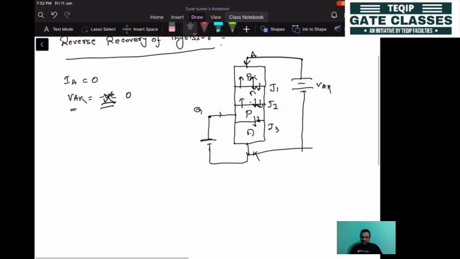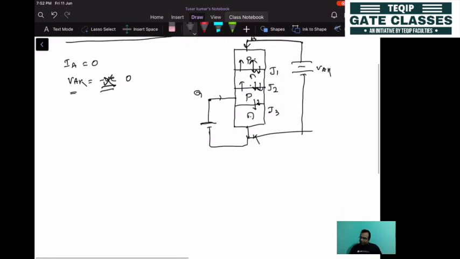That's why if you draw these characteristics, it is called the reverse recovery characteristics. Let's say we'll be plotting the anode current with respect to time. Then what will happen?